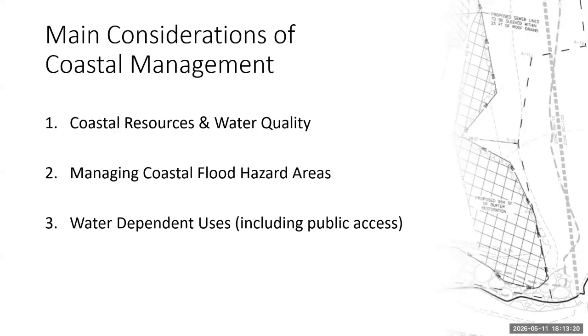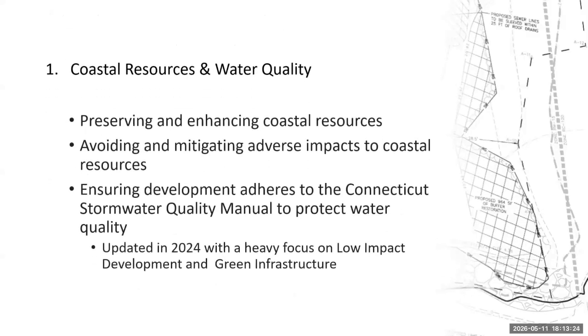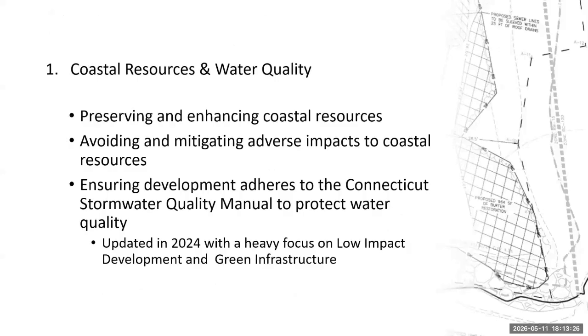And the Coastal Management Act defines water dependent uses to be things like marinas and recreational boating facilities, but it also defines public access as a water dependent use. And so encouraging public access as maybe the sole water dependent use of an upland development is really important in the context of this third concept.